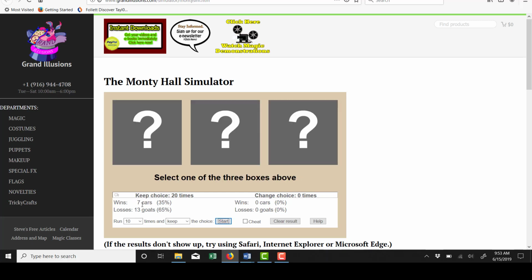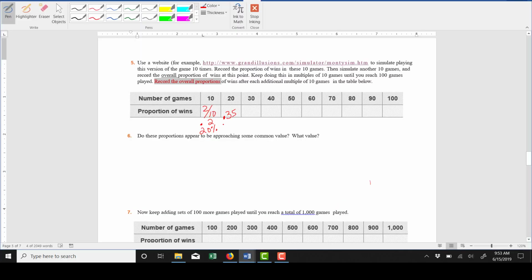Now notice, it doesn't just give me the result of playing 10 games. It actually adds to the previous ones. Now it's played a total of 20 times, and out of those 20 times, I've won the car 7 of the games and lost 13 of the games. So the total wins is 35%, 0.35.